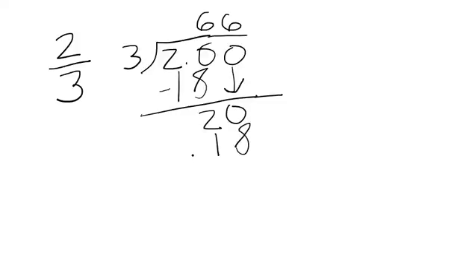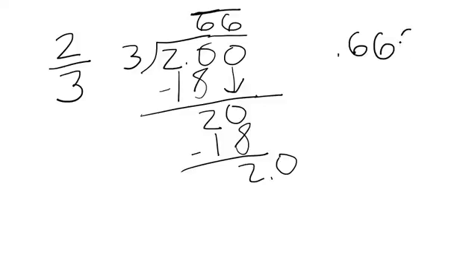Oh boy. I'm going to get a repeated decimal here. Okay, so my answer is going to be 0.6 repeated. Okay, so as a decimal, this is 0.666 going on and on and on and on forever.